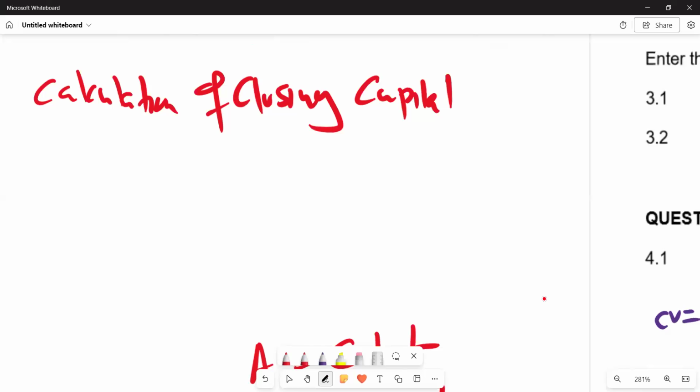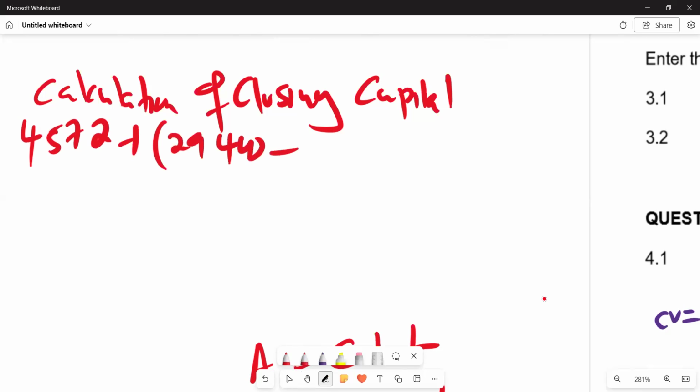So for calculation of closing capital, remember we are now saying 4,572. We add the carrying value, which is going to be 29,400 minus 11,345.